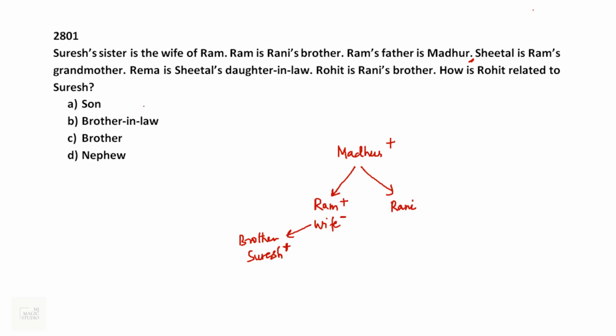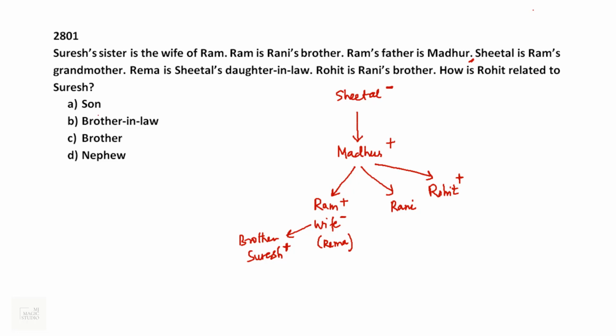Seetal is Ram's grandmother. Ram's grandmother, that means Madhur's mother, is Sheetal. Reema is Seetal's daughter-in-law. Okay, so here Ram's wife can be Reema, this person. Rohit is Rani's brother. That means Madhur has one more son, Rohit.